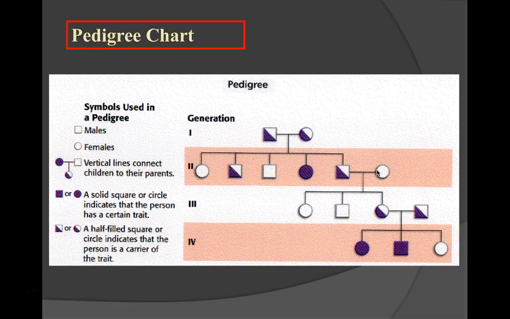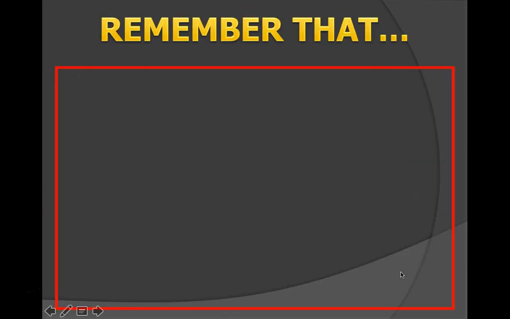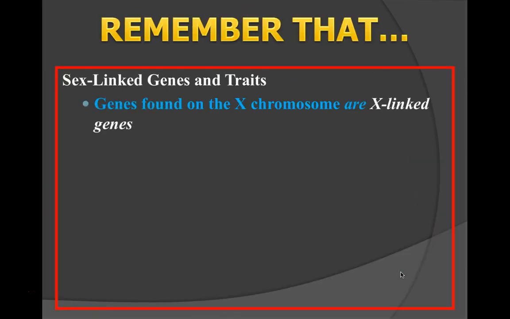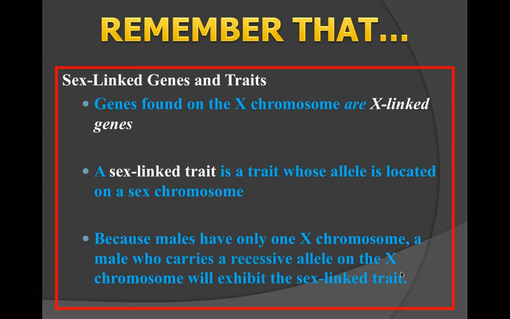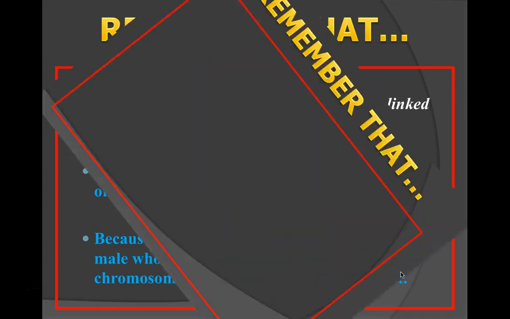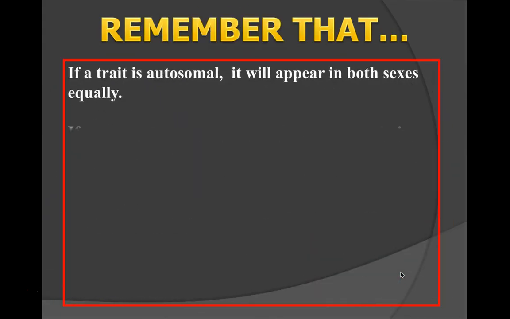Now let's continue and talk more about different traits. So here we have sex-linked genes and traits, and as we've talked about, we talked about sex-linked and X-linked traits a lot already. Just to review that a little bit, they are only located on the X chromosome, and because of that, males are more likely to get that particular trait.